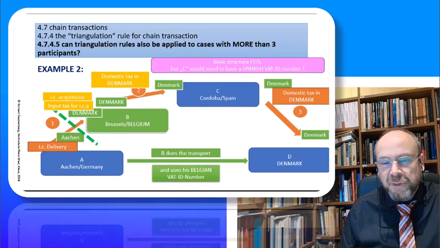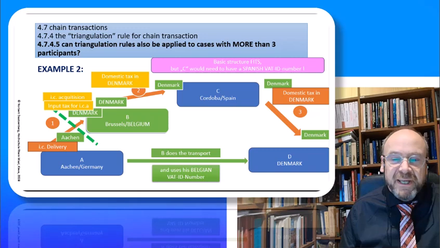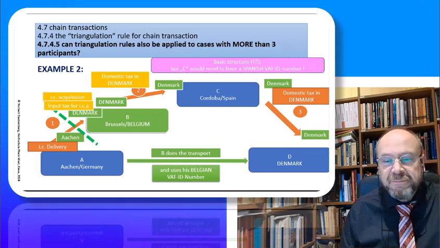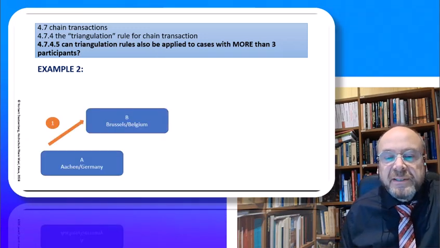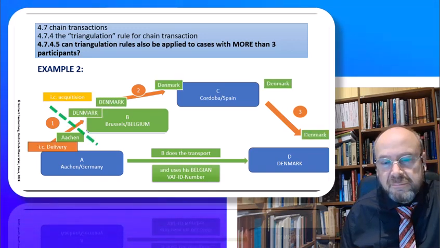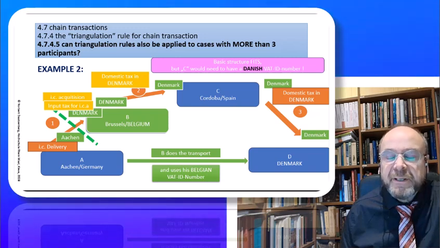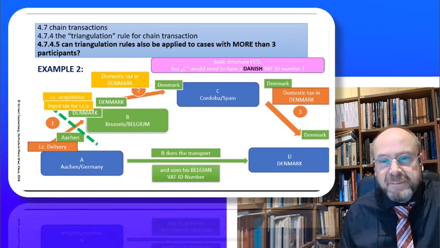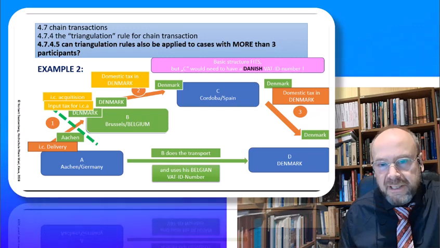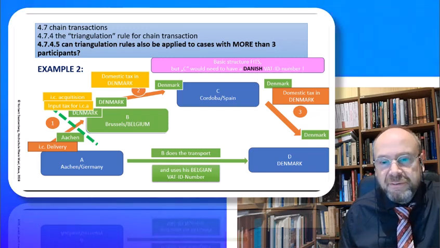So it could work. The only thing which would be required is that C, although from Spain, should also have a Danish, not Spanish, sorry, I must change. So let's try it again. He would need to have a Danish VAT number, because naturally the customer C in the triangulation situation needs to have a VAT number from the country of destination.